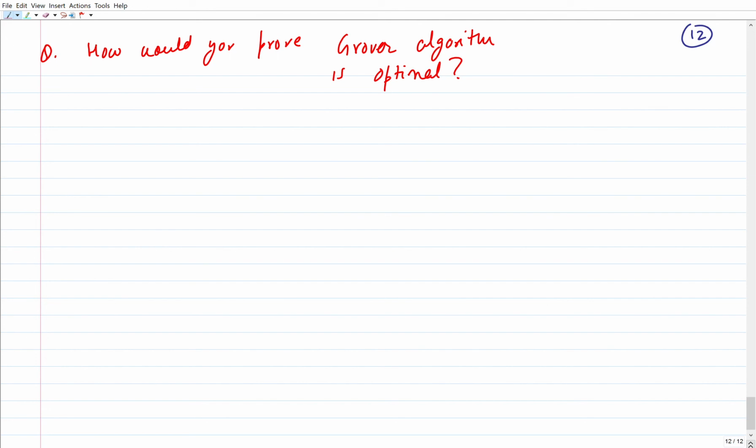How would you prove that Grover's procedure of quadratic speedup is optimal, that there cannot be any quantum algorithm which is faster than it? Essentially, quadratic speedup is the best we can do quantum mechanically.